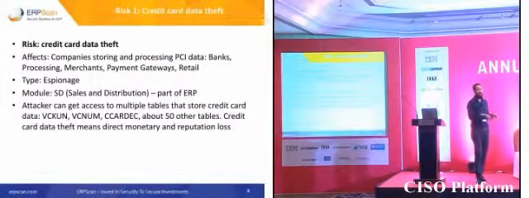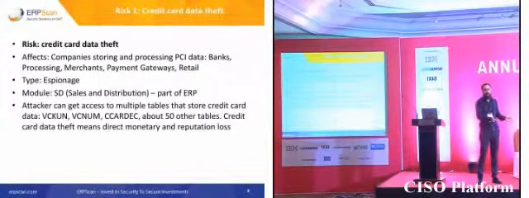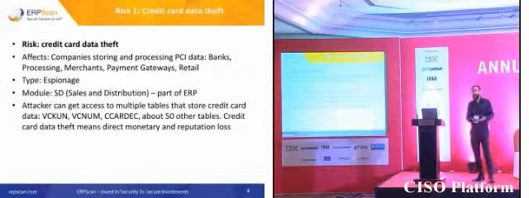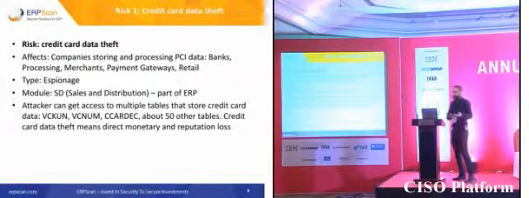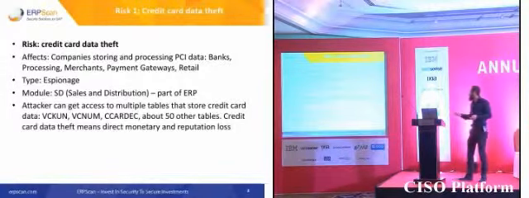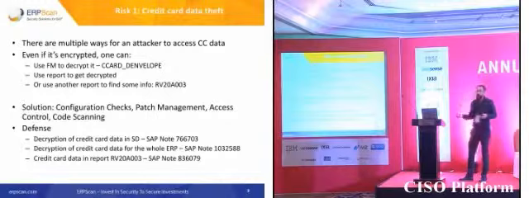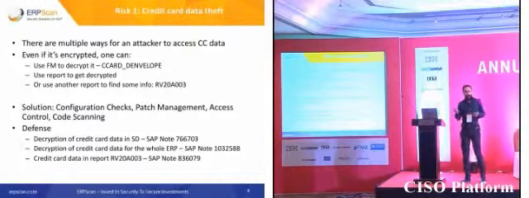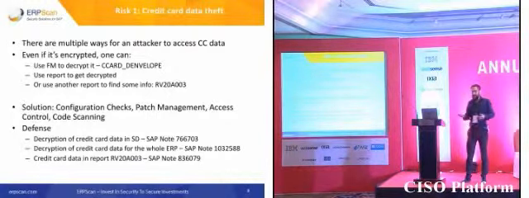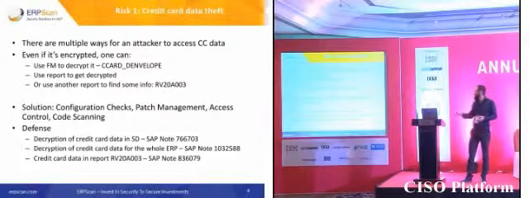Of course, you may think that this credit card data is encrypted. And sometimes it really is encrypted, because they need to follow rules like PCI DSS. So the data is encrypted, but somehow you need to get it in decrypted form. There are many ways to decrypt credit card data if you have access to SAP.